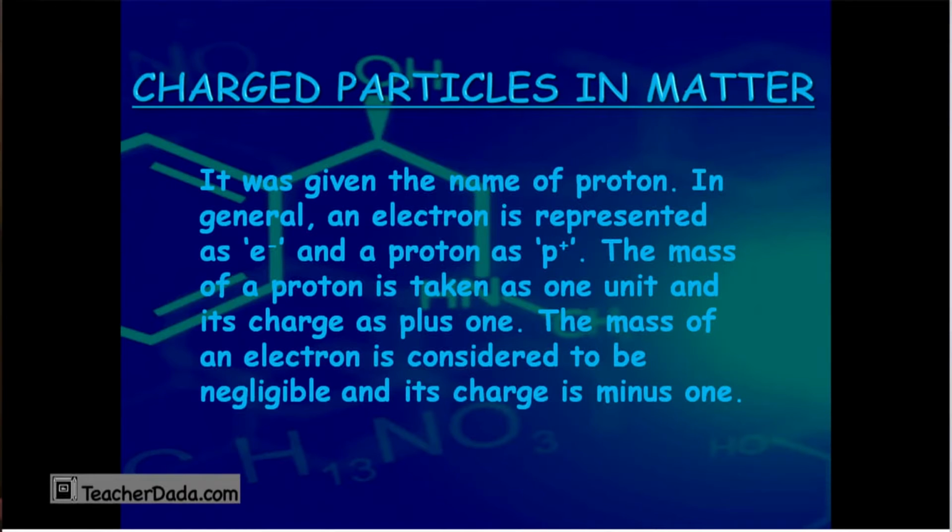The mass of a proton is taken as 1 unit and its charge as +1. It is positively charged, that is the reason it is taken as +1. The mass of an electron is considered to be negligible. There is no weight at all of an electron, but its charge is -1. Its charge is quite powerful.